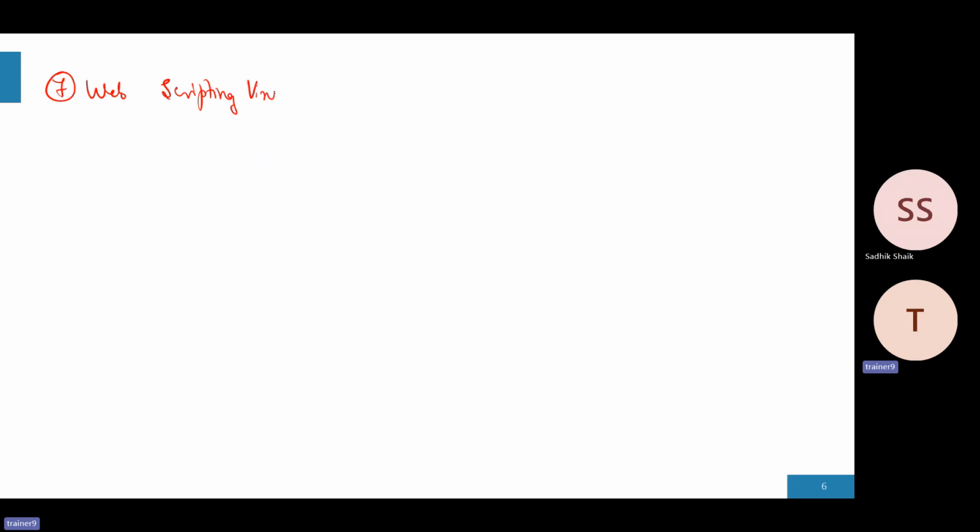A lot of times they would be impacting your web browsers, and because a lot of these browsers might be open to vulnerabilities, this web scripting virus will be trying to impact them, right?